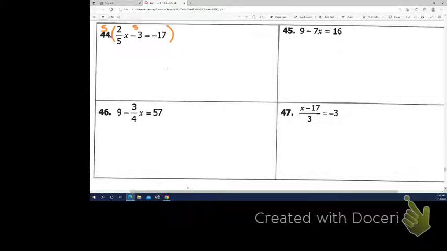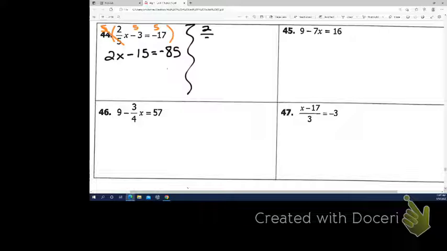You get a 5, and you get a 5, and you get a 5, right? So these 5s would cancel. Then this would become 2x. The 3 would become negative 15. And the negative 17, negative 85. So the numbers in the middle of the problem get bigger, but you immediately get rid of the fraction.